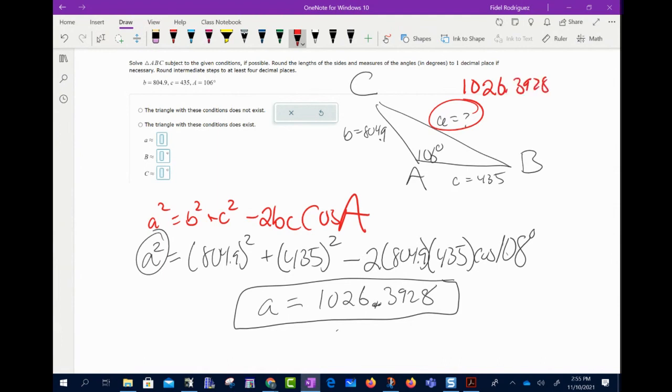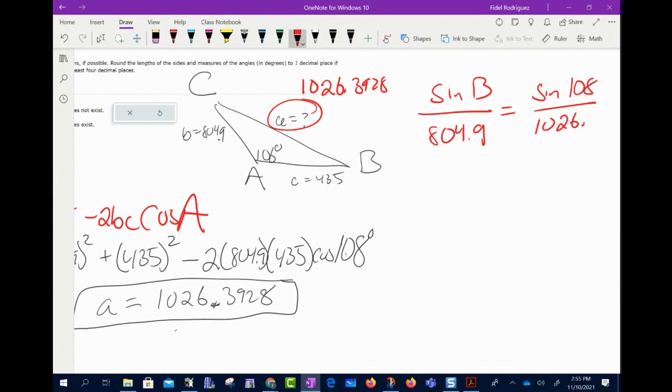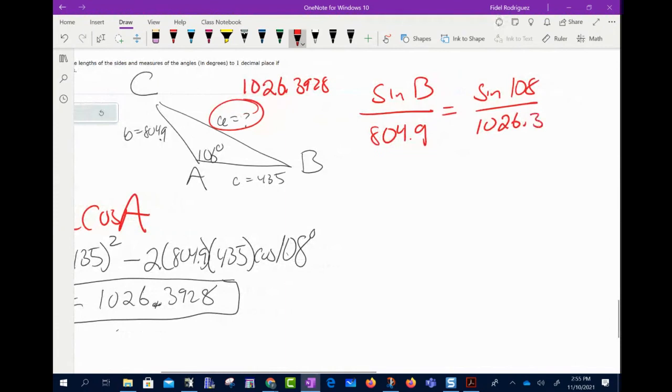So now I can go back and use the law of sines to find the angle for B. You can say the sine of B over little b, which is 804.9, equals the sine of A, 108 degrees, divided by 1026.3928.